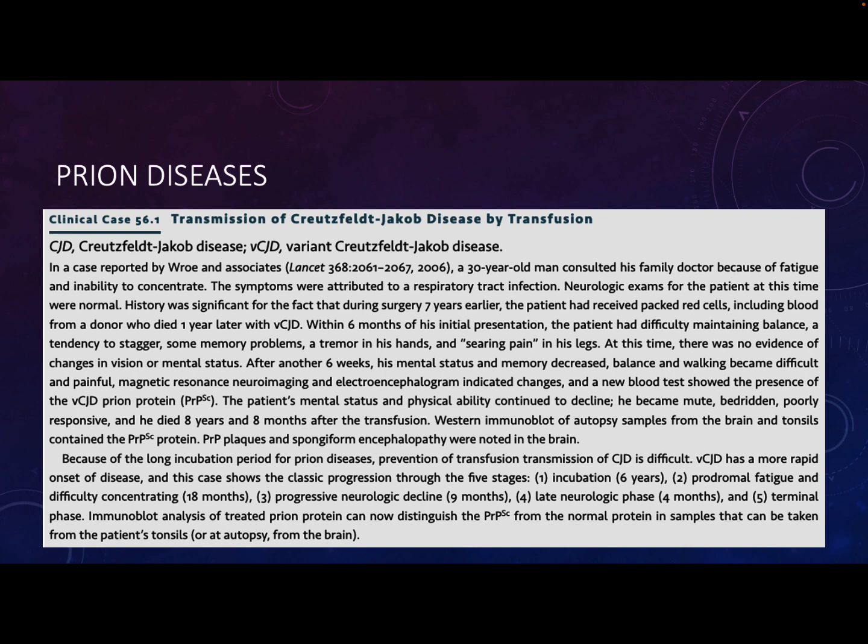But what you can do is digest with protease. This one will not digest, right? It's protease resistant. But this one will. So now when you run the cellular form, you have all these little small fragments, but the scrapie form is the same size because it's protease resistant.